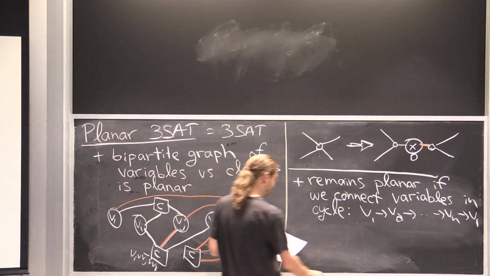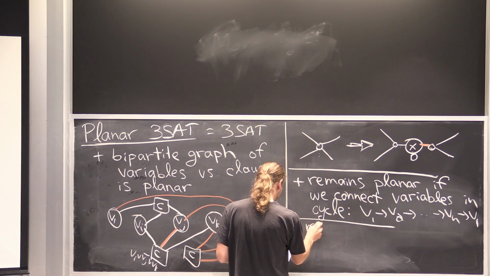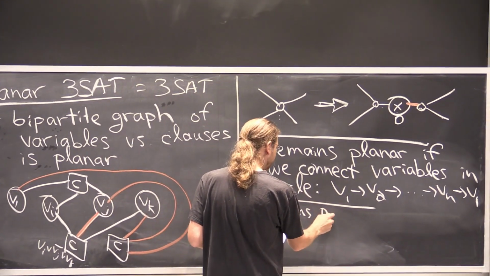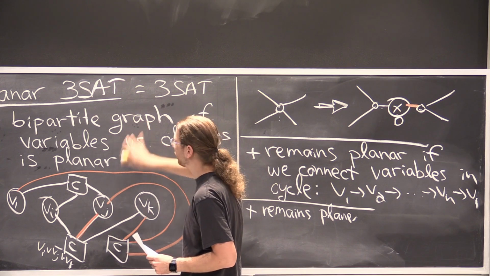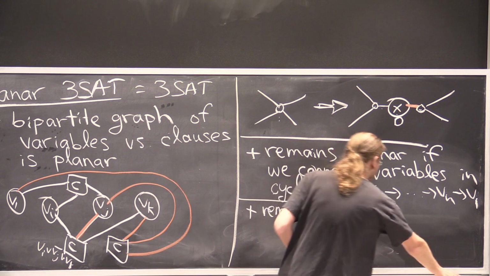So the idea is, if you were just given the bipartite graph, you'd have to be told the coloring of the edges here, to know which literal you're talking about.